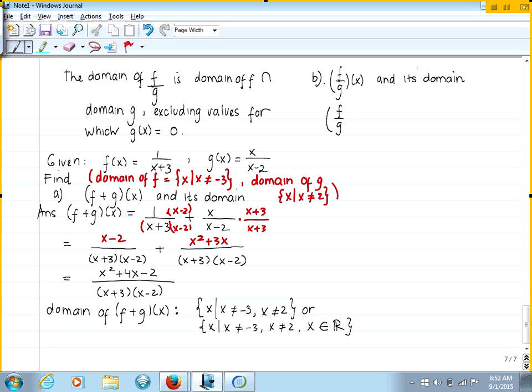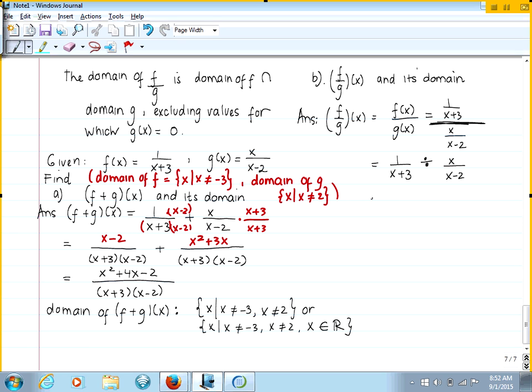What is f over g of x? So answer, f over g of x is f of x divided by g of x. So it is 1 over x plus 3 divided by x over x minus 2. So what is this equal to? Can I write these as multiplication? Times. So division, this is division.